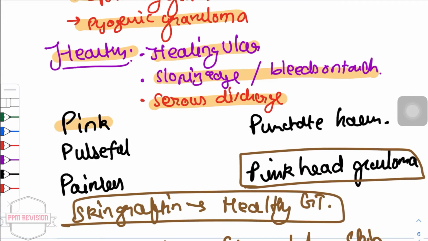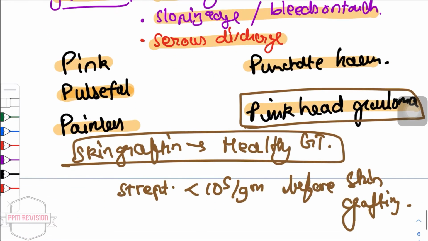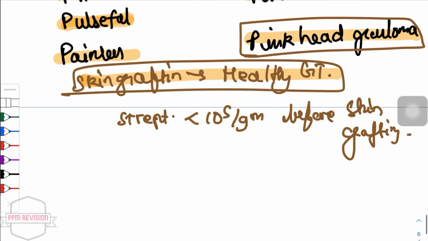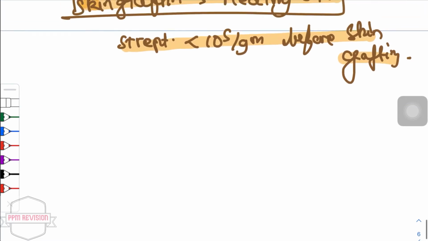It has 5 P's: pink, pulseless, painless, punctate hemorrhage, pink head granuloma. Then skin grafting is done in healthy granulation tissue. For healthy granulation tissue, streptococcus should be less than 10 to the power 5 per gram before skin grafting. Another important point to note is about pyogenic granuloma.